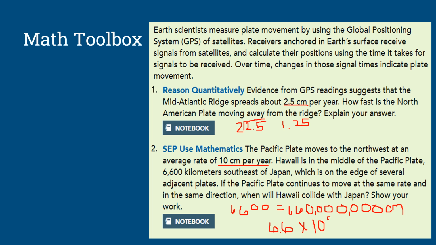So 6.6 times 10 to the 8th. And we're going to divide this number, which is 660 million, by the 10 centimeters per year. And then that is going to give us 66 million years.